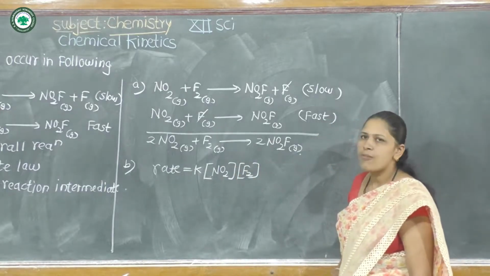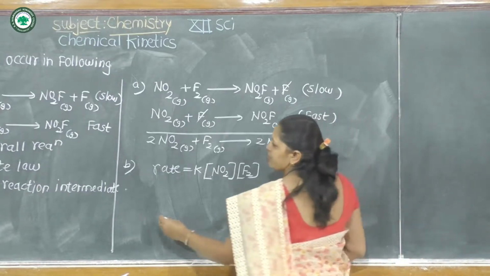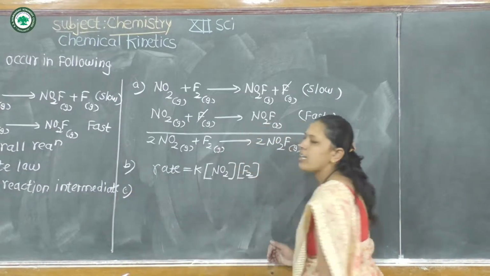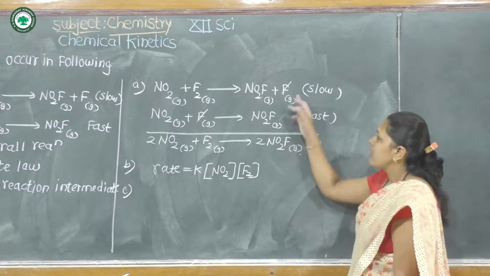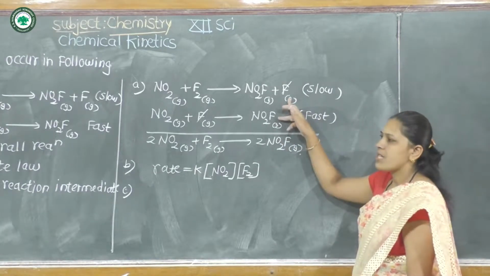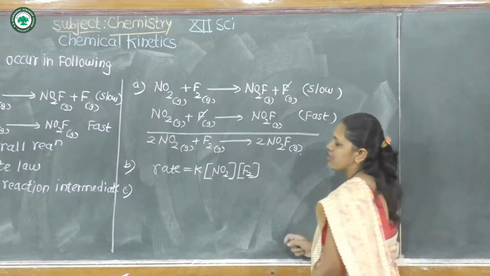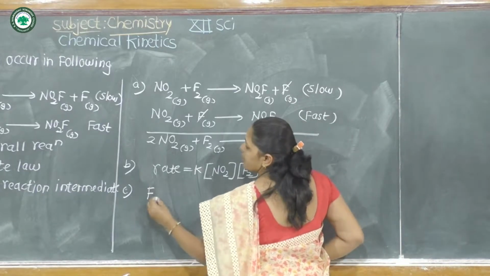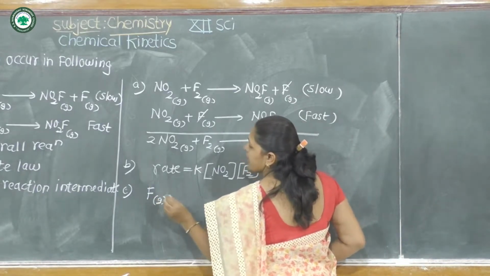This is the answer of the second question. And C, identify the reaction intermediate. The reaction intermediate is elemental fluorine, which is formed in the first step and consumed in the second step. Therefore, the reaction intermediate is fluorine gas.